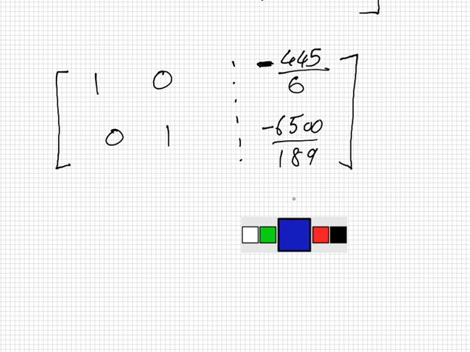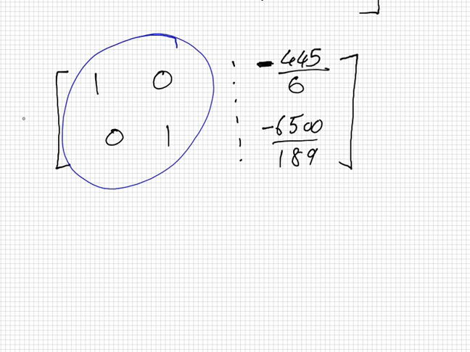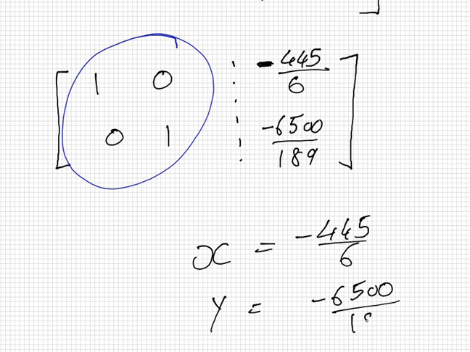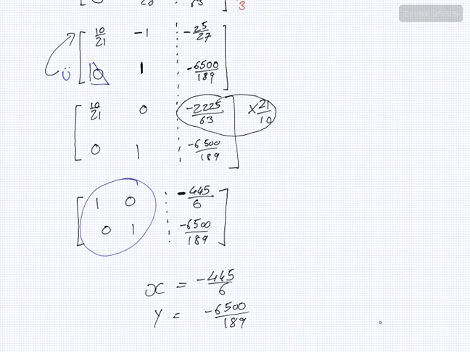Now this here makes you very happy, because this is 1x plus no y, so this is x equals minus 445 over 6, 0x plus 1y, so y equals minus 6500 over 189. Can you go on? Which is correct.